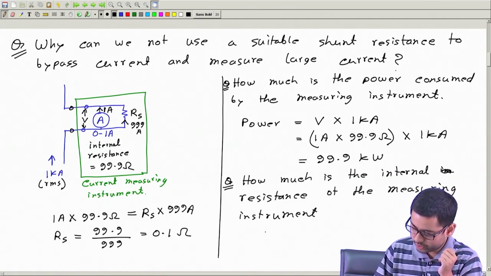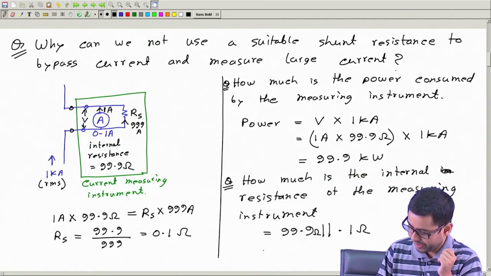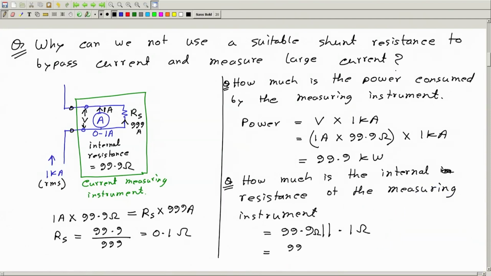So this will be equal to 99.9 parallel 0.1 ohm. Okay, so this value will come out to be 99.9 multiplied by 0.1 divided by 99.9 plus 0.1 ohm.